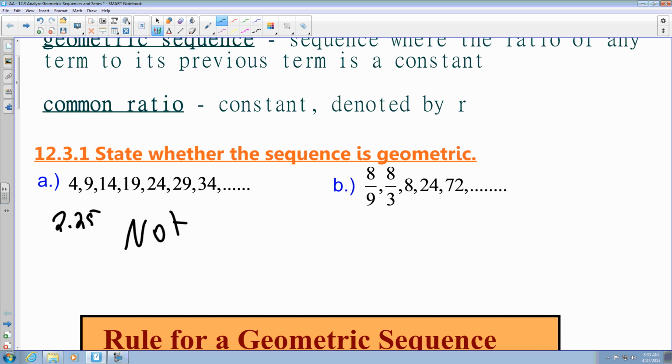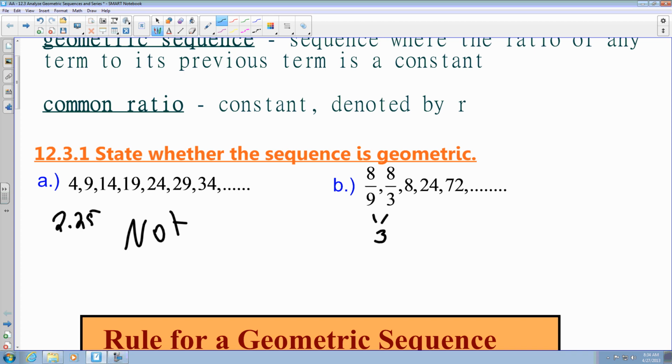So now if I look at B, I have 8 over 9, comma, and then the next one is 8 over 3. If I go 8 over 3 divided by 8 over 9, I get a value of 3 here.